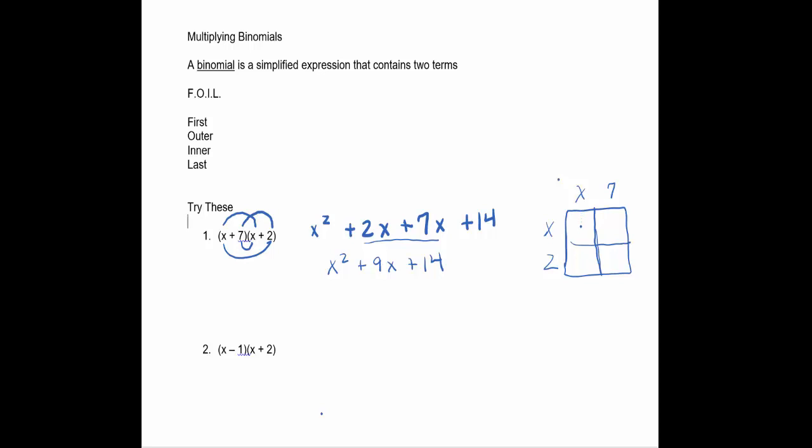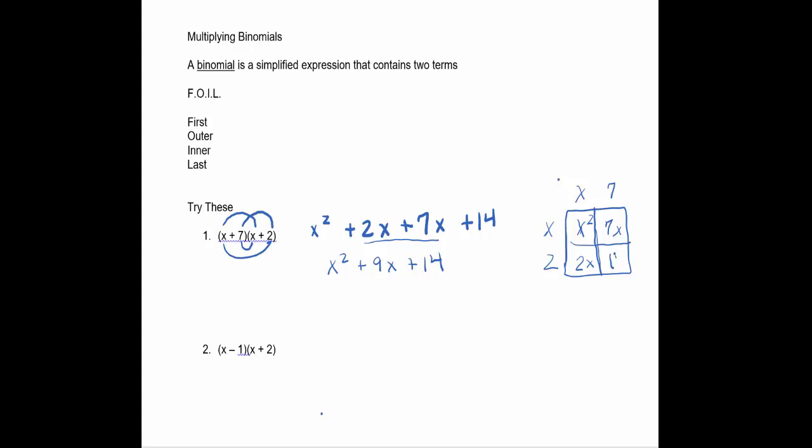In this first box, you're going to multiply x times x, and x times x is x squared. And you line it up: 7 times x, x times 2, 2 times 7, because you line up whatever is going along with each box.